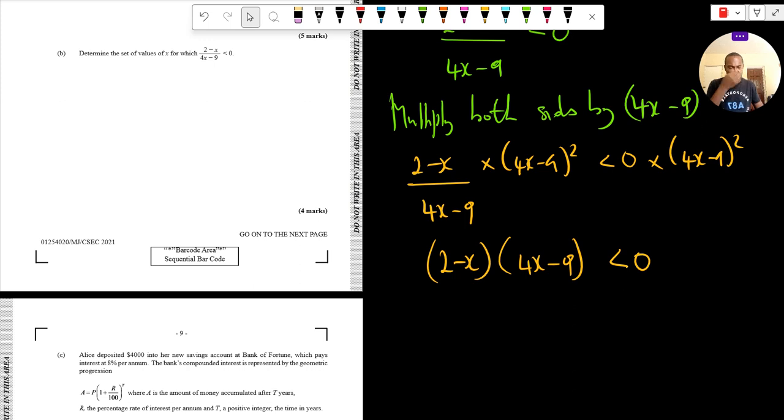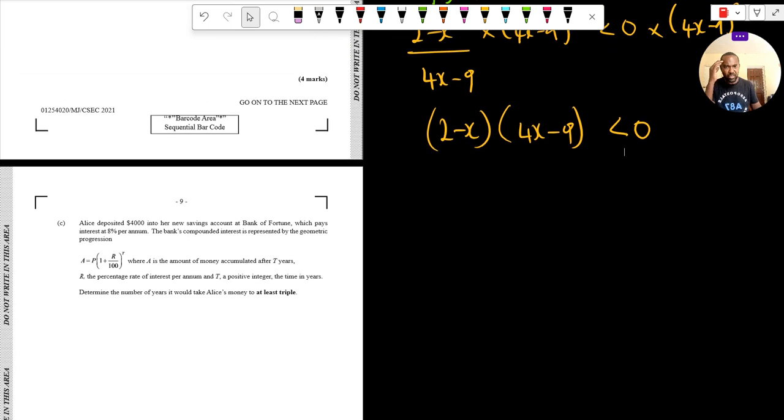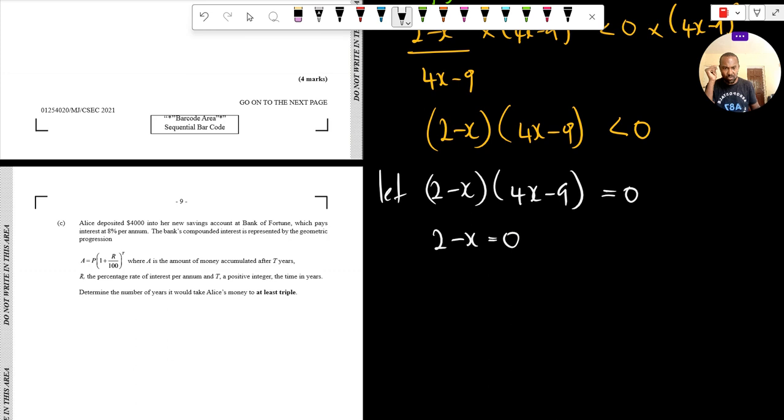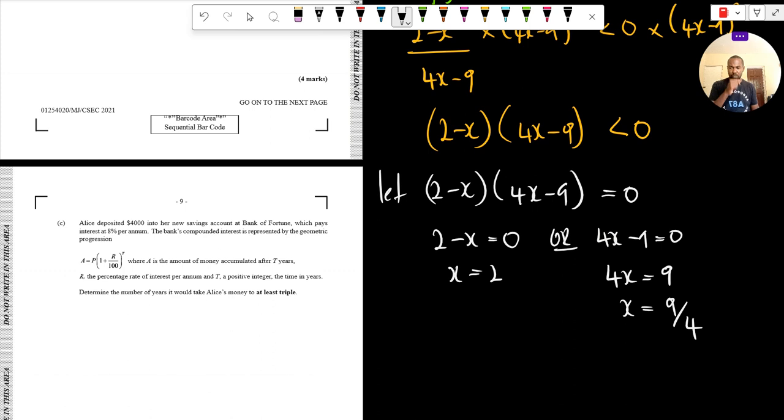Now this of course is obviously an inequality, but what we can do is, for instance, we can take turns, and we can say just let 2 minus x times 4x minus 9 is equal to 0, right? We can say let it equal 0, and then find the roots. So 2 minus x equals 0, which means that x is equal to 2, or we can say that 4x minus 9 equals 0, which means 4x equals 9, and so x is equal to 9 over 4.